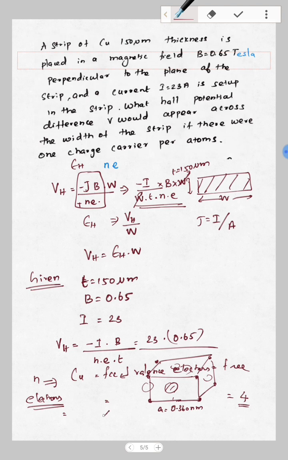So there are 4 atoms per unit cell, and the volume is A cubed. I take one copper atom as having one valence electron, so it is a free electron.